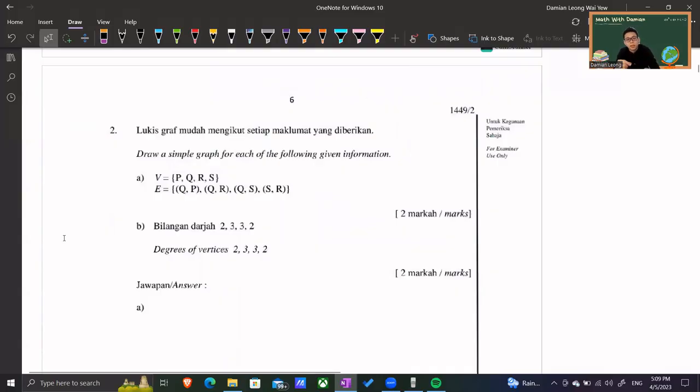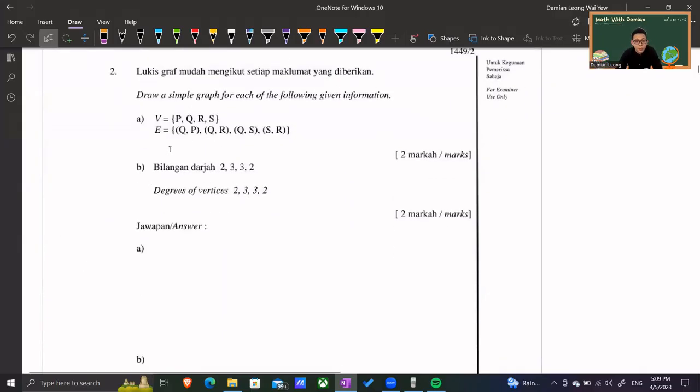Second question. Draw a simple graph based on the information given here. So part A, I have the vertices P, Q, R, S. So I just put the PQRS vertices out. The order doesn't really matter.